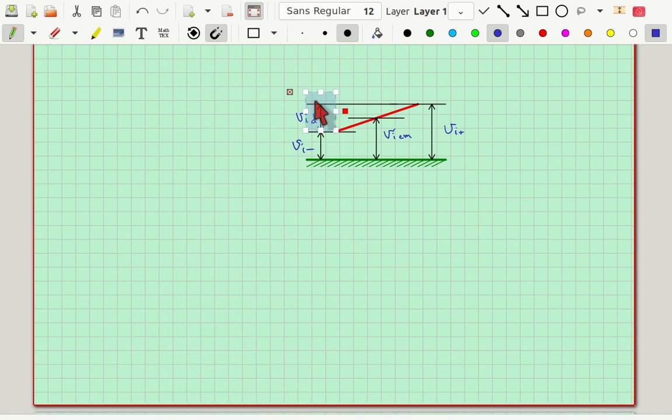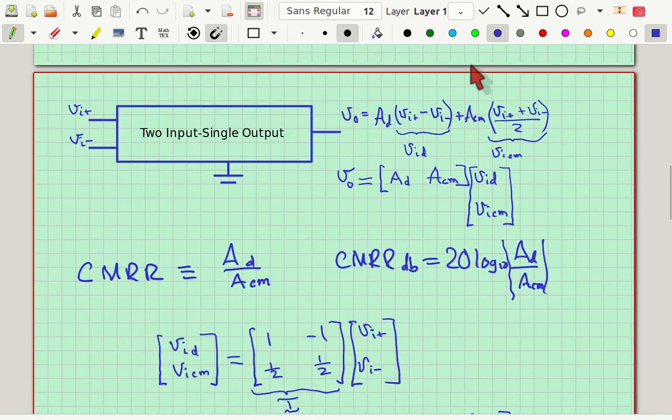Let's look at how this works a little more mathematically here. Suppose we have a two-input, single-output system. This could be a two-input, single-output differential amplifier, but there are other devices that have a similar kind of topology. So if that's the case, the output voltage on the right can be written as a linear combination of the input voltages.